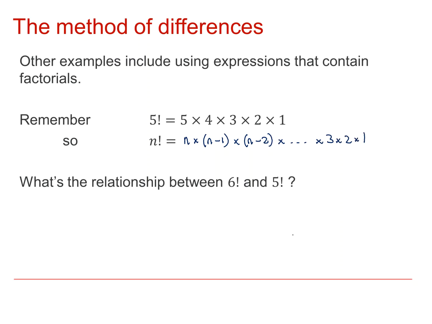Pause the video for a moment while you think about the relationship between 6 factorial and 5 factorial. Okay, 6 factorial is 6 times 5 times 4 times 3 times 2 times 1. So it's 6 times 5 factorial. So n plus 1 factorial is n plus 1 multiplied by n factorial.